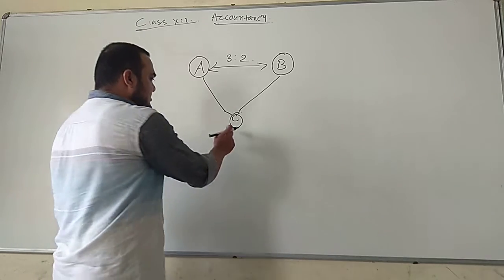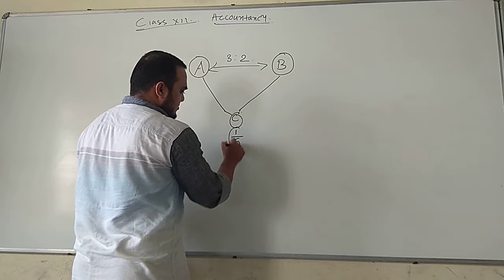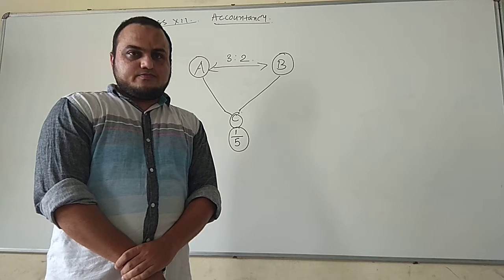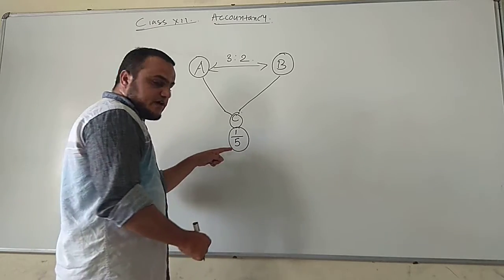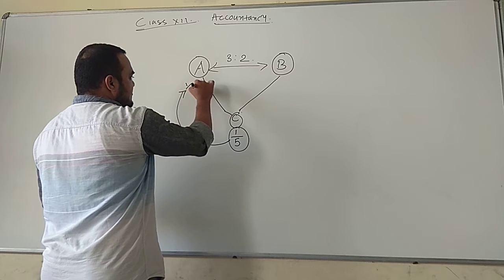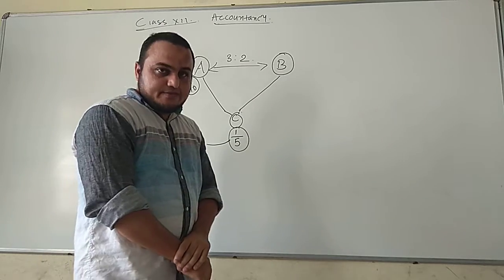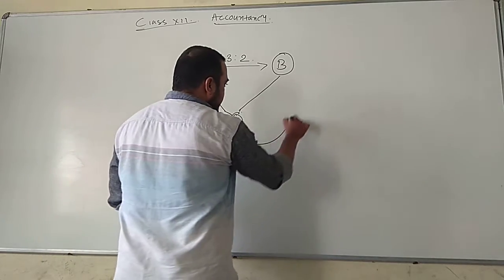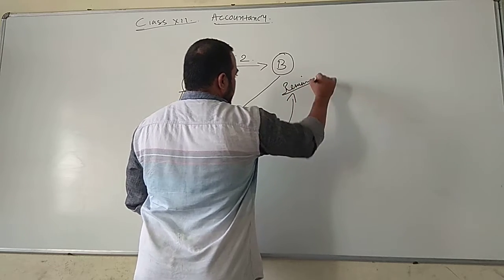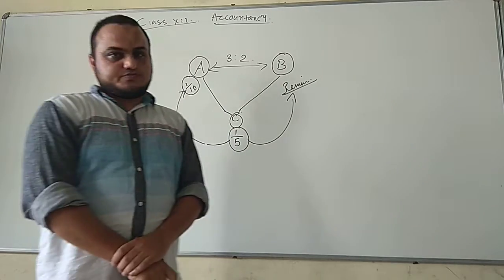Now the share of C is 1/5. From this 1/5, C will get 1/10 from A and the remaining from B. Then calculate the new ratio.